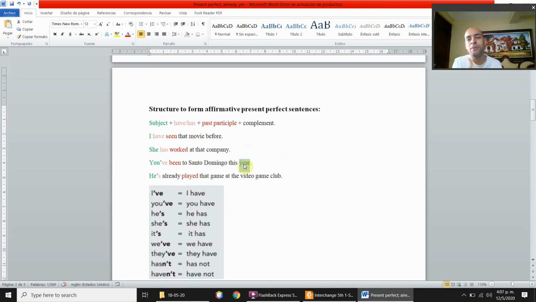The year has months, the year has days, years have hours, years have minutes. So you can say you've been to Santo Domingo this year, but a year has months. So you would be saying that the person went in a specific month, but you are not saying when.